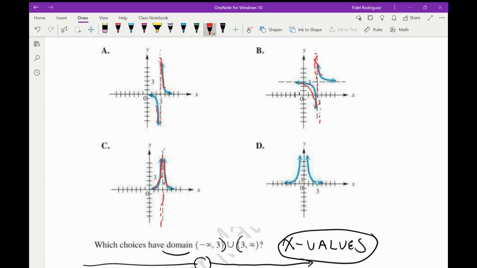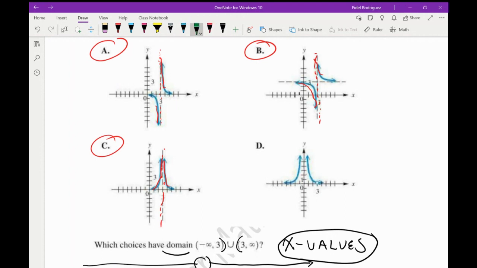So the domain choices that have negative infinity to 3 and then 3 to infinity would be A, B, and C. Those are what asymptotes are. Asymptotes are lines where the graph gets really close, but it never actually touches it.